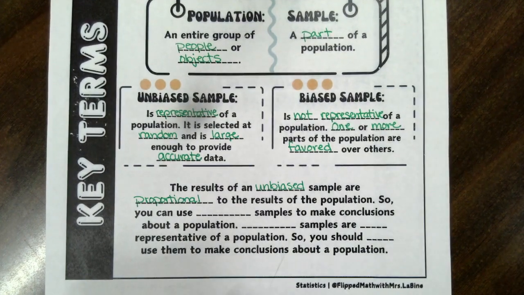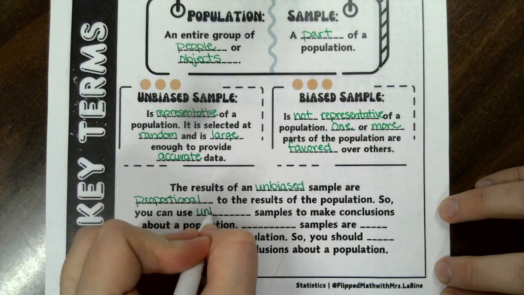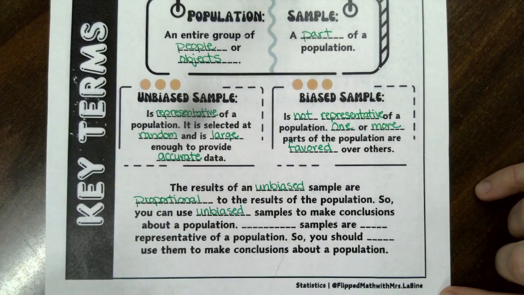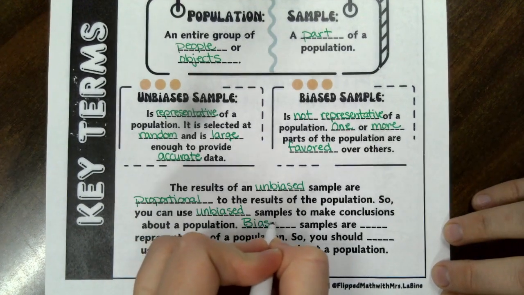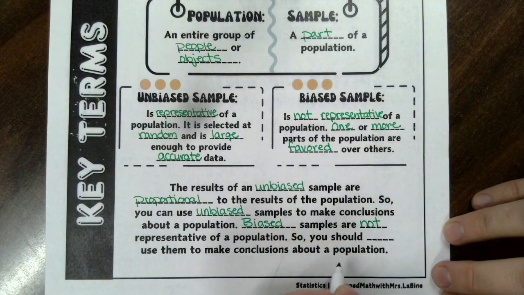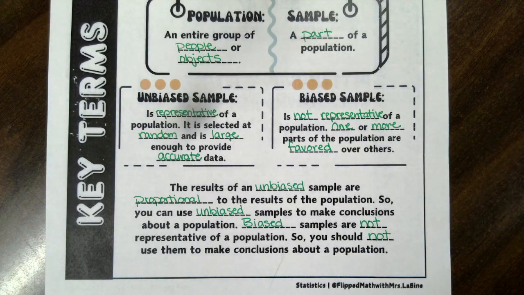So you can use unbiased samples to make conclusions about a population. Biased samples are not representative of a population, so you should not use them to make conclusions about a population.